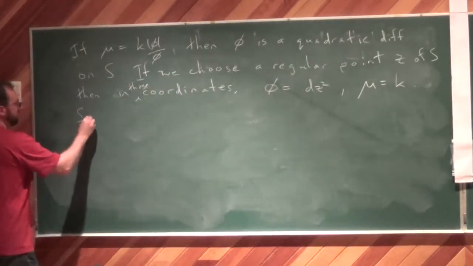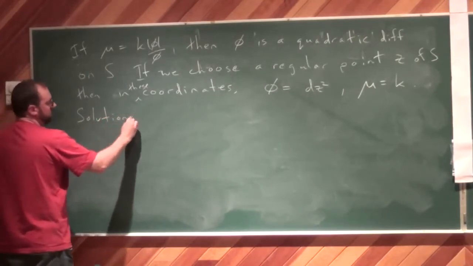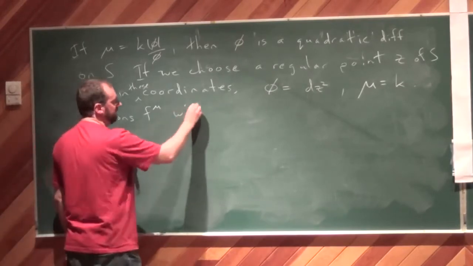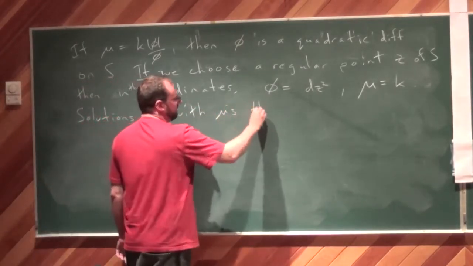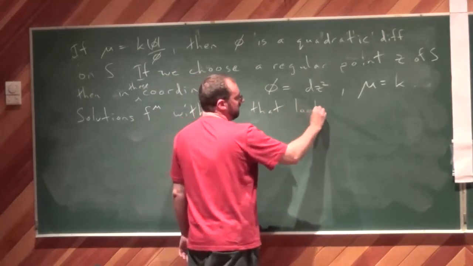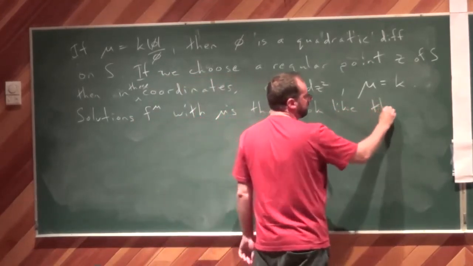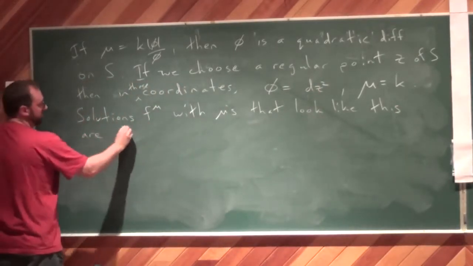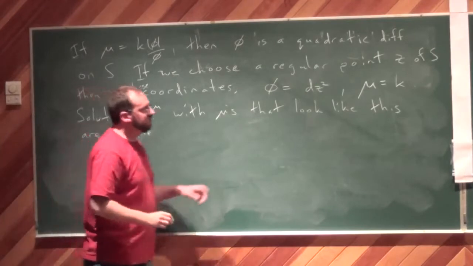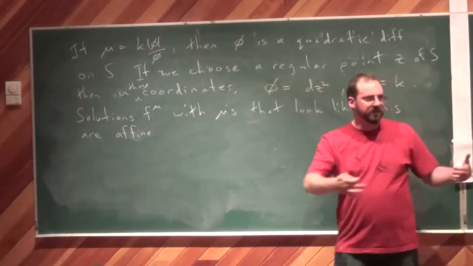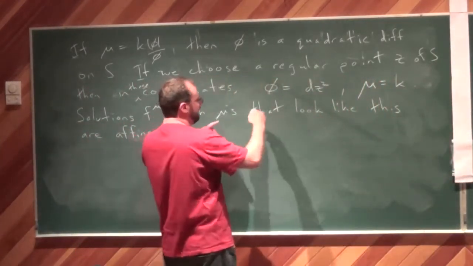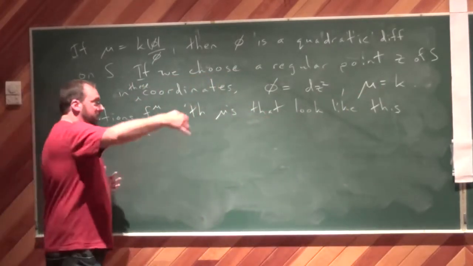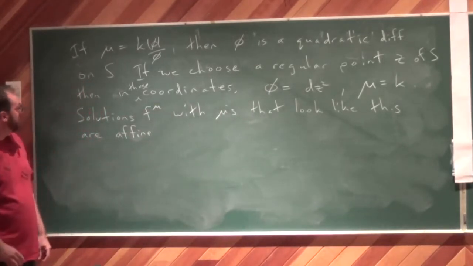And the solutions f upper mu in the plane with mu's that look like this are affine maps. So the examples we were talking about with the straight chimney over there, where you're stretching, have complex dilatations that are constant, and similarly, a constant complex dilatation just corresponds to some affine stretch.